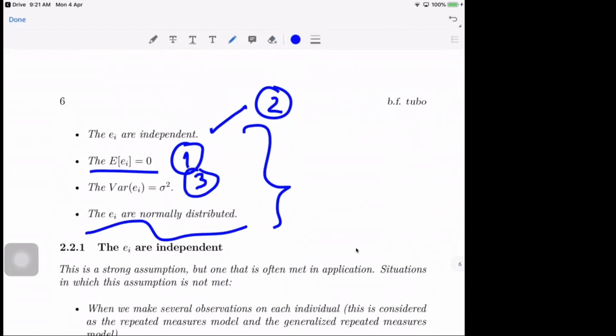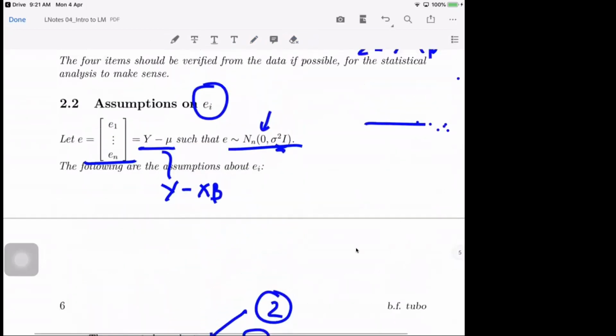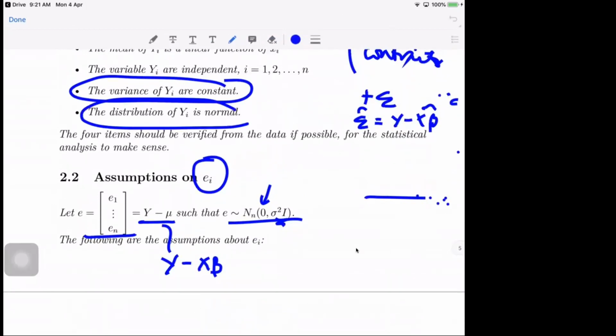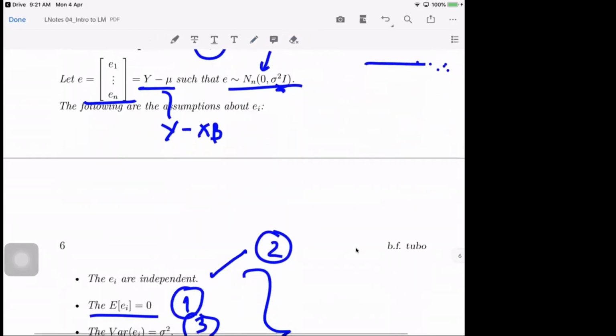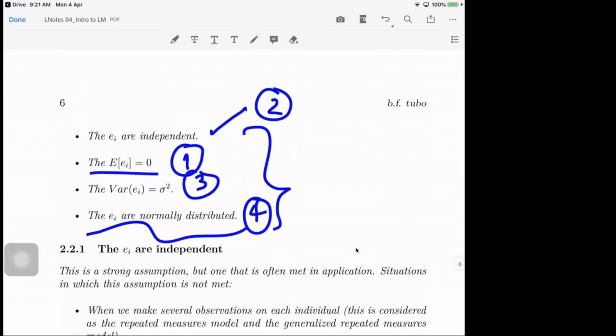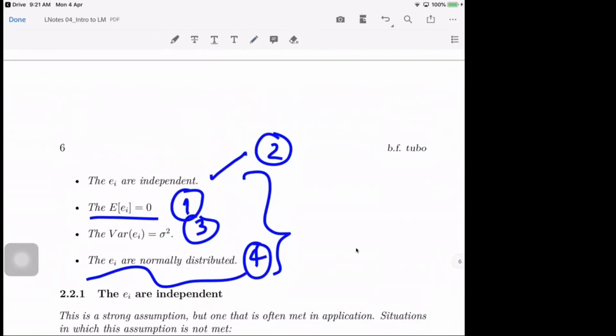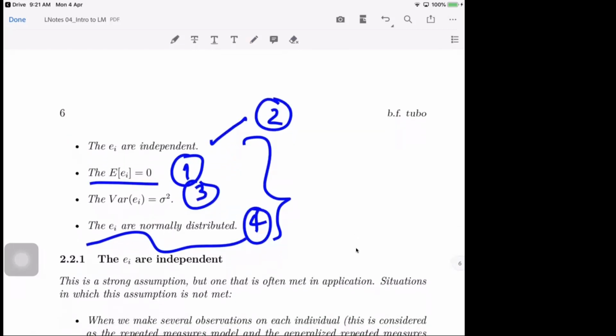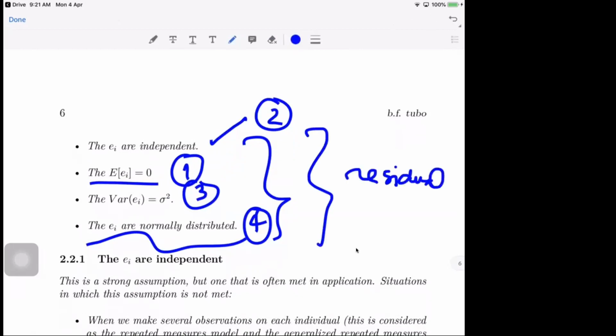And the e_i's being normally distributed also means that the y_i's are normally distributed. So they are interrelated. If the assumptions on Y are satisfied, then our model diagnostics on the residuals should be satisfied.